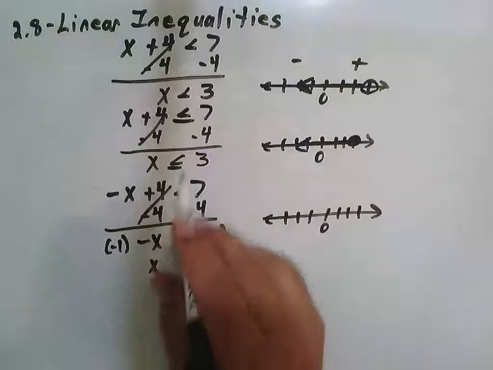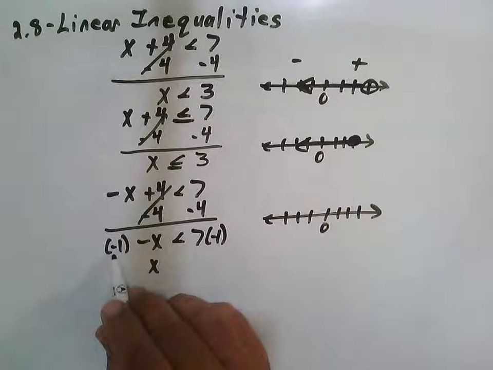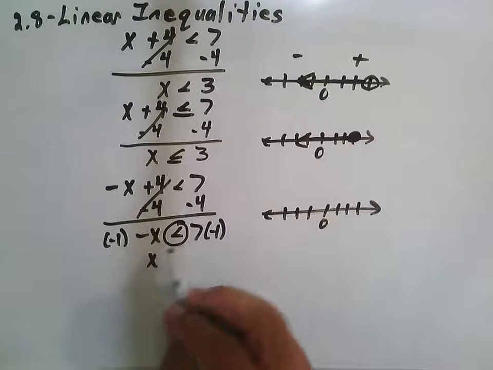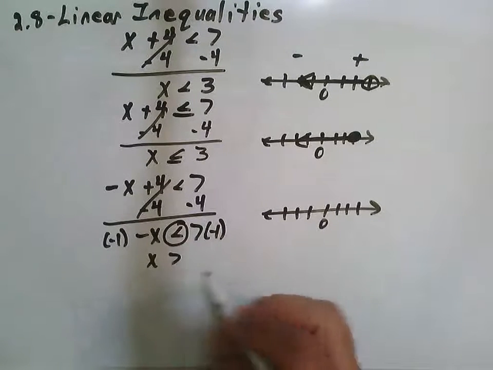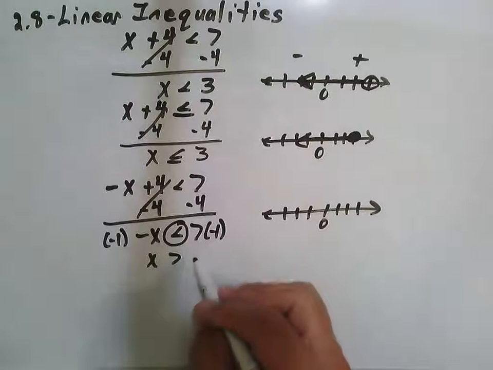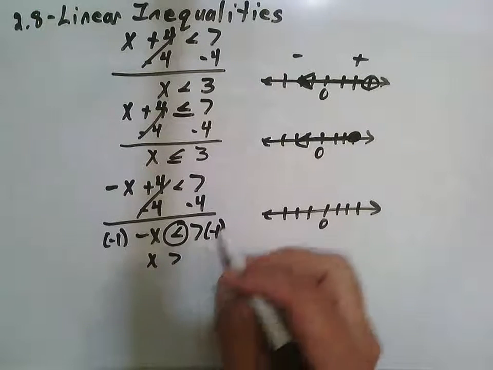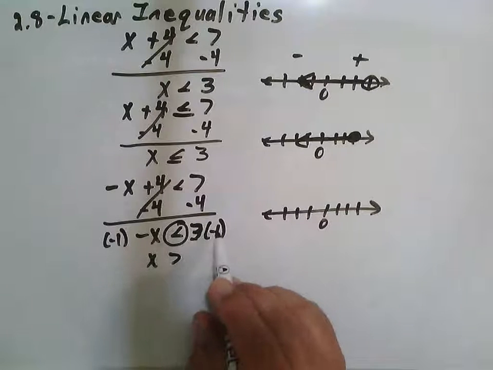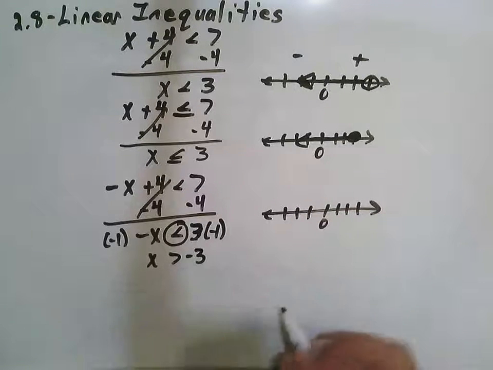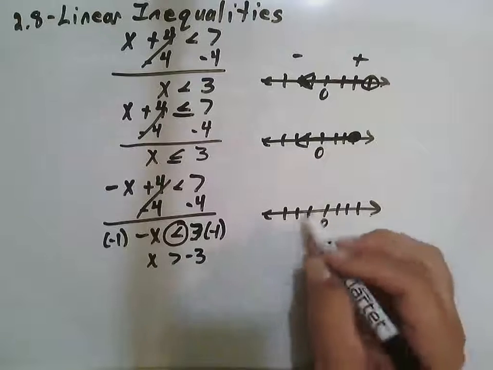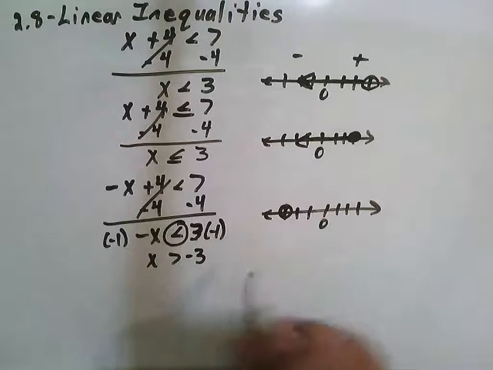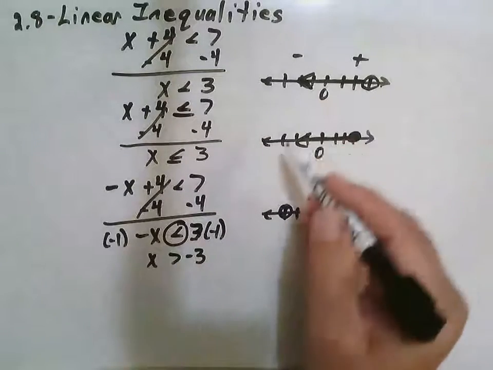The only time that this is different than anything else is that anytime you multiply something by a negative, it causes this sign to reverse. So this becomes x is greater than, and then I just multiply these out. I forgot to work that one out, but that's going to be a positive times a negative, which is negative 3. So everything that is true here is going to be an open circle. And because the arrow is pointing to the right, that always tells you which way this goes.